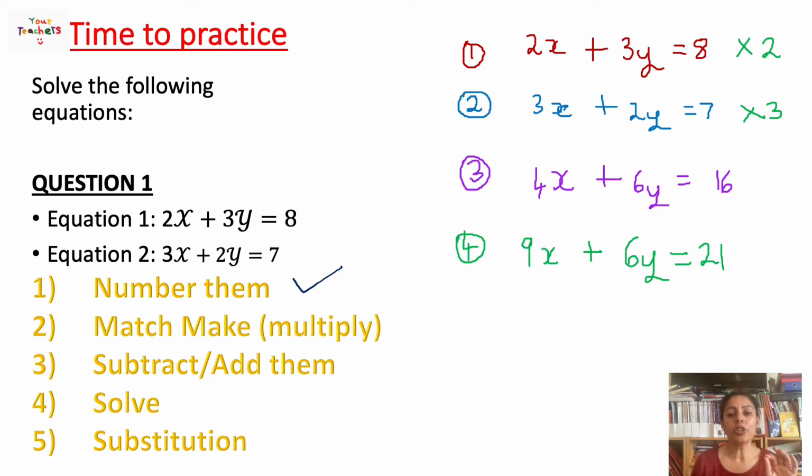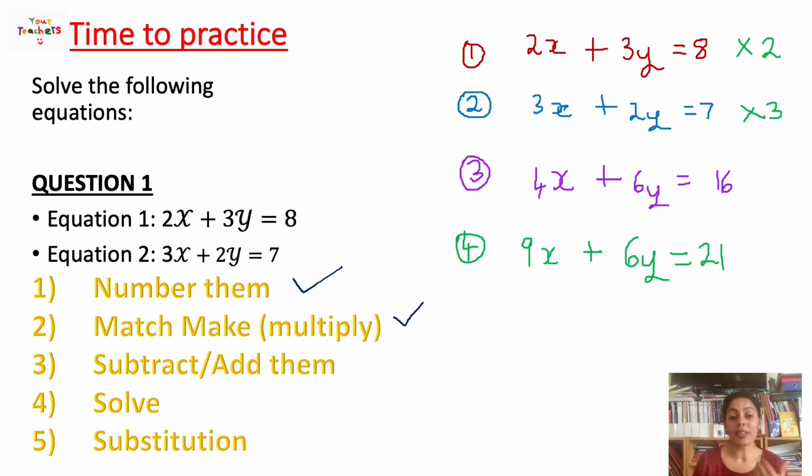The new look was, it became 4x plus 6y equals 16, because I multiplied everything in here by 2. Then equation 2, again, I revamped equation 2. I multiplied it by 3 to get another 6y, because we've got to have something in common, right? So I've got now 9x plus 6y equals 21. So matchmake done? Yes. Bingo.